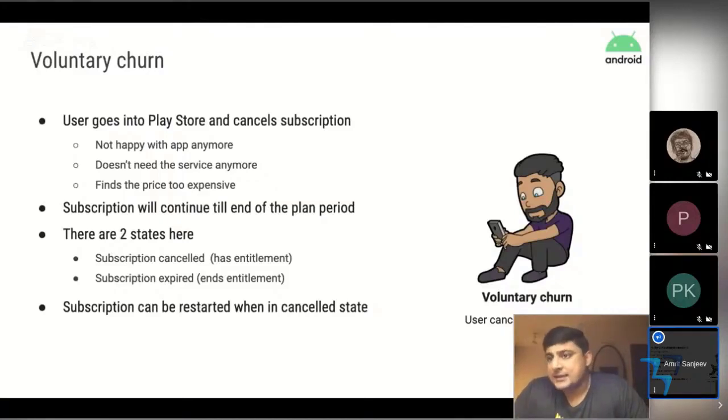When a subscription is canceled, the subscription will still continue, which means the entitlement, that is access to the premium features that you've offered, will continue for the length of the plan. Which means if I've bought an annual subscription, say on January 1st, which runs all the way till December 31st, and I have canceled my subscription sometime in between, say in August, it doesn't mean anything other than that my subscription is not going to get renewed automatically on December 31st.